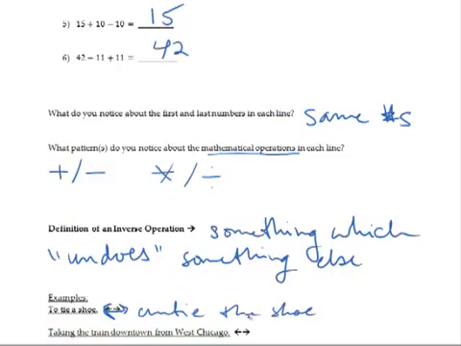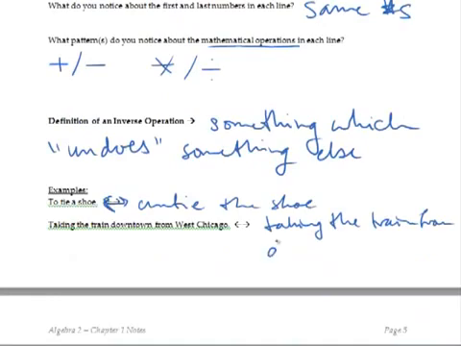And if you untied your shoe, you could tie your shoe. Both of these go back and forth. They undo each other. Taking the train downtown from West Chicago would be taking the train from downtown to West Chicago. Those are inverses. Something which undoes or puts it back into its original state.